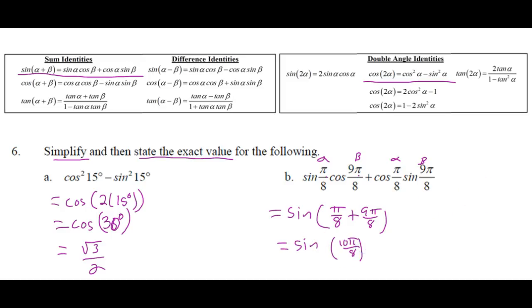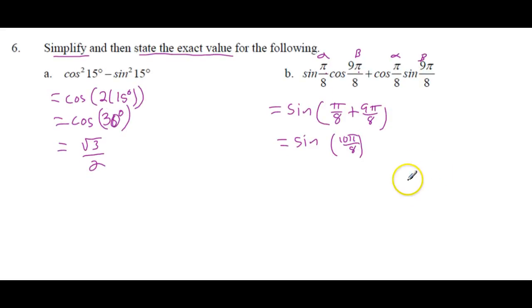Which is again the sine of 5 pi over 4, right? Sine 5 pi over 4, let's see, that's a quadrant 3 angle.